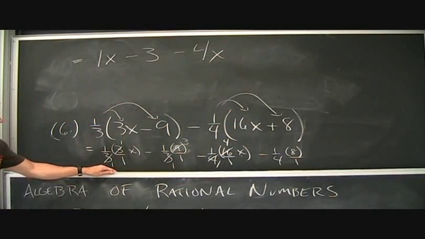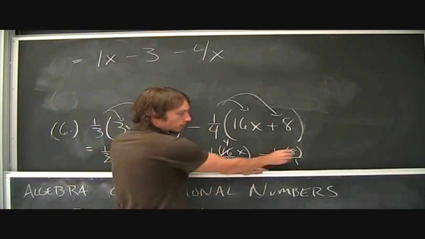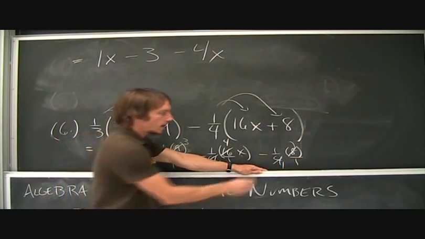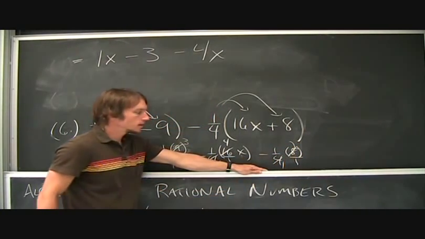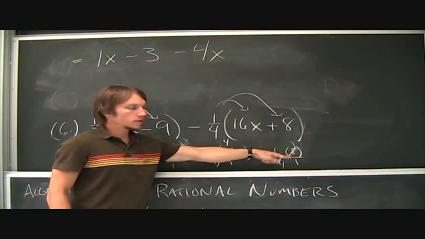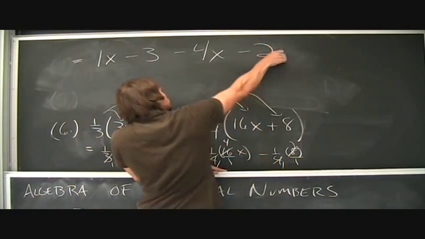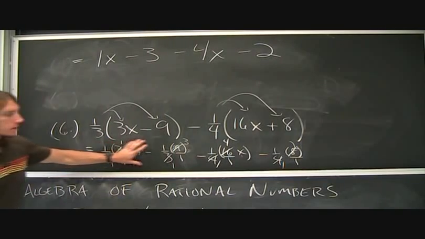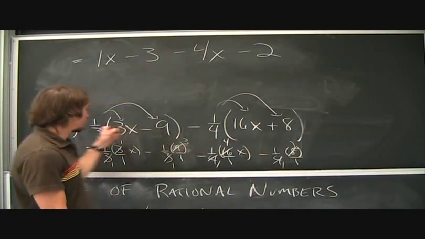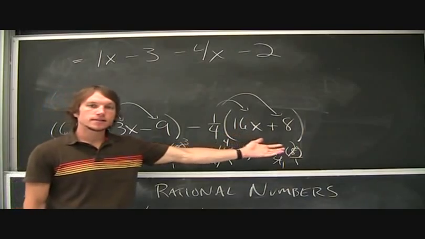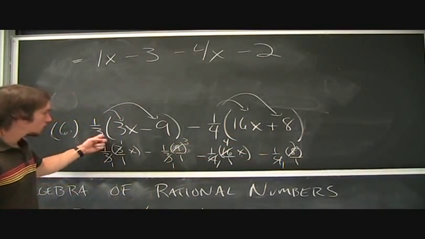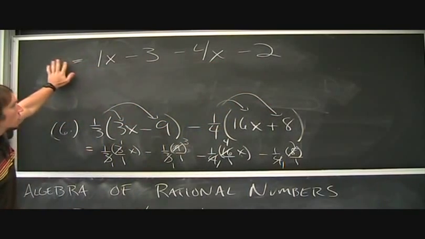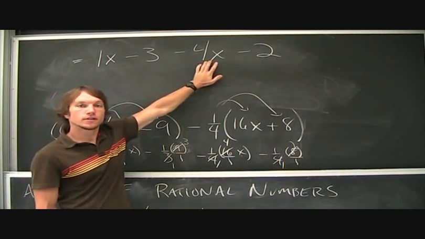Okay, and then my last one over here, I got negative 1/4 times 8, 4 into 4 once, 4 into 8 2 times, okay, so I have, sorry that's a little messy, I got negative 1 times 2 over 1 times 1, I end up with negative 2. Okay, so that was a little bit of work, it's a little messy, but you're multiplying fractions by integers, and we're lucky in this case, because every time I multiplied a fraction by any of these integers, I ended up with integers, right? Or integer coefficients at least.